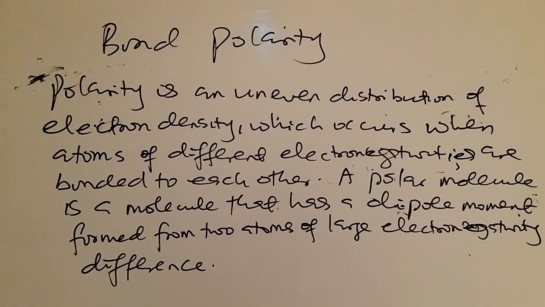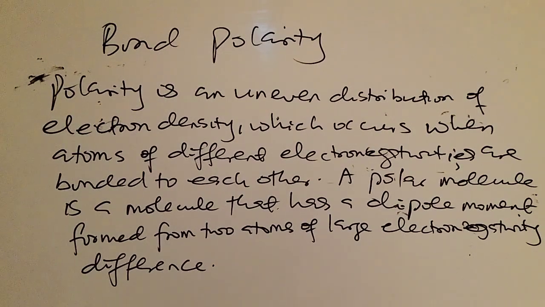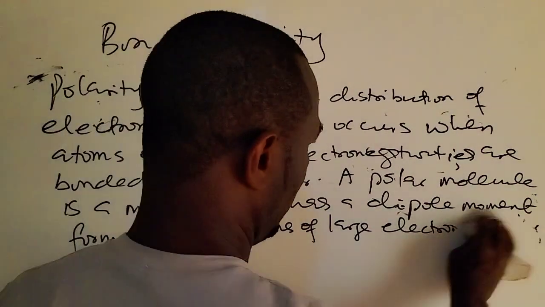Then what is a polar molecule? A polar molecule is a molecule that has a dipole moment formed from two atoms with a large electronegativity difference.